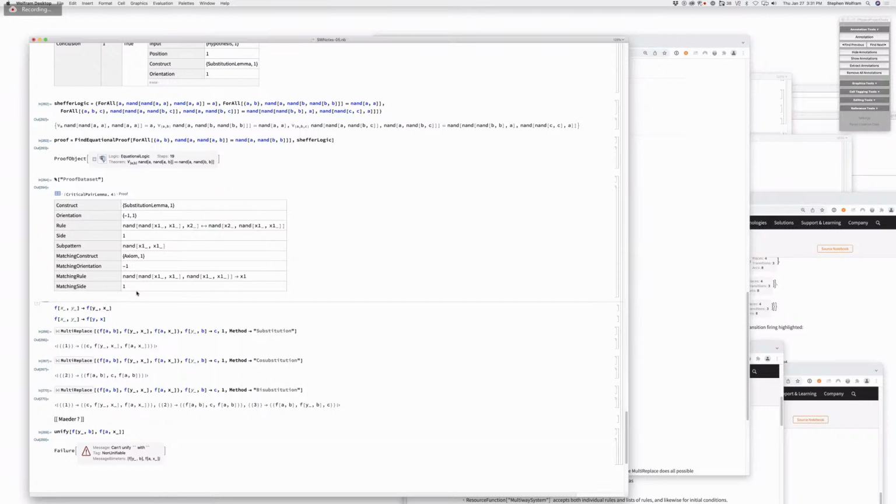Well, more computable, all you need is just a position. That's what all your keys are in multi-replace, for example. That's all you need in order to reproduce your result. Don't you need to know the orientation and so on? Well, that's if you have a two-way rule, sure. Okay.